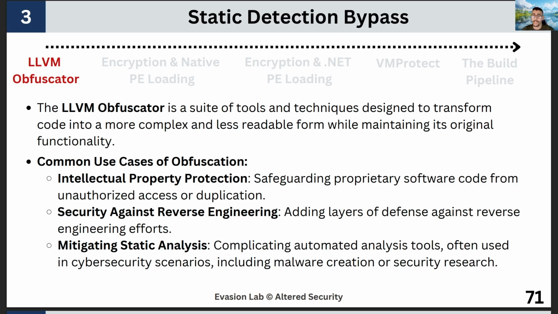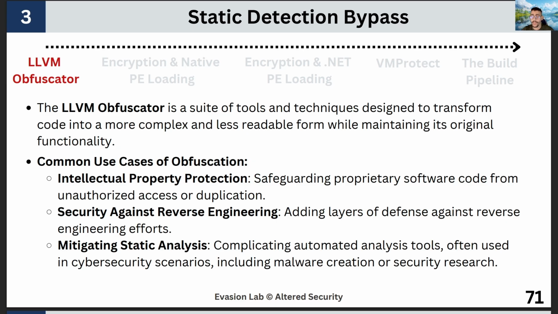So there are three main reasons why obfuscation is used. First of all, intellectual property protection. It helps companies prevent their own code from being stolen or copied. The second is security against reverse engineering. It adds an extra layer of defense, making it hard for attackers or people trying to understand the code's logic to analyze or exploit it.